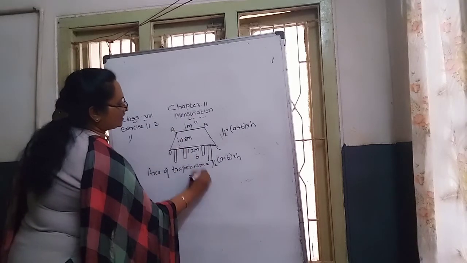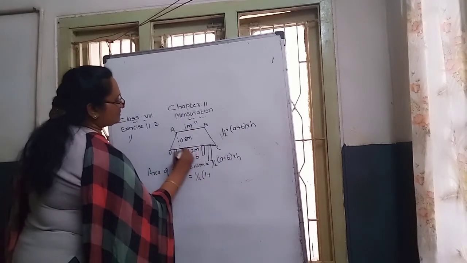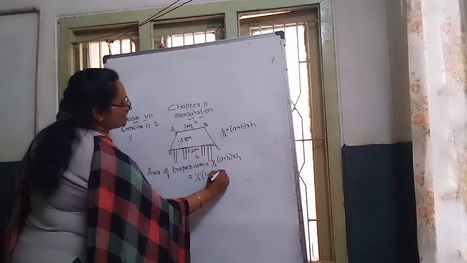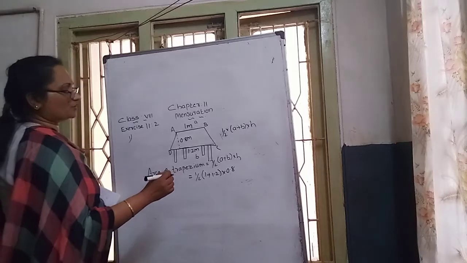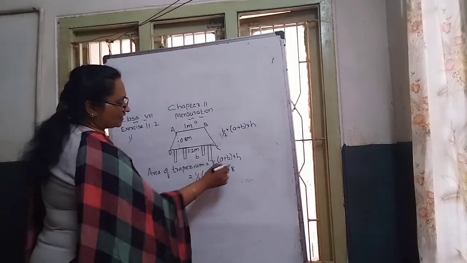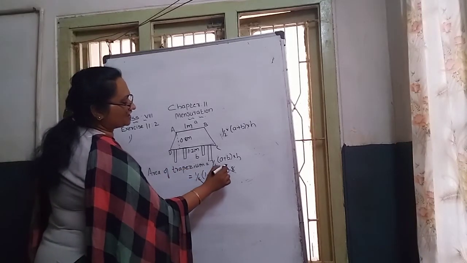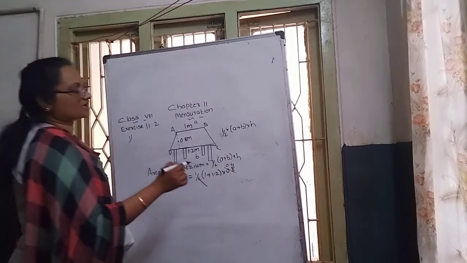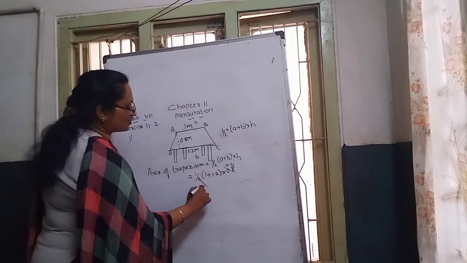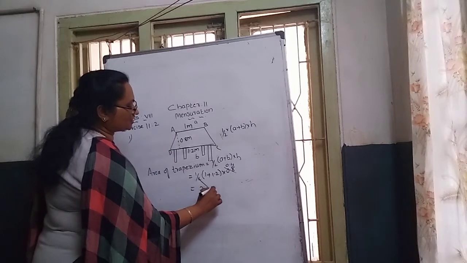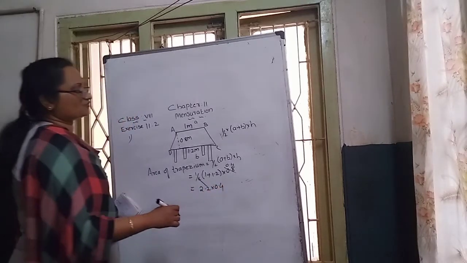A value is 1 meter, B value is 1.2 meter, H is 0.8. Crosswise, 2 and 0.8 cancel: 2 fours are 8, so 0.4. Inside the bracket, 1 plus 1.2 becomes 2.2, into 0.4.